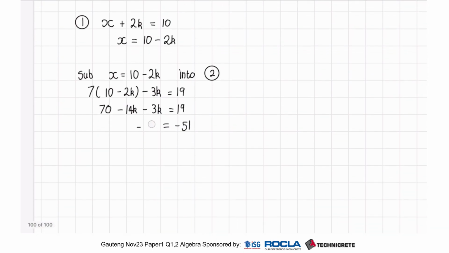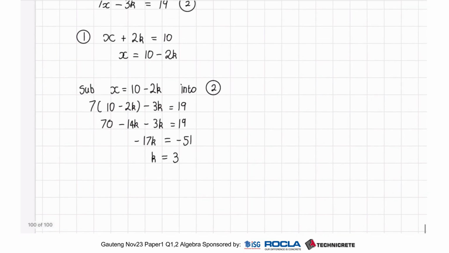Okay, which means that when I collect my k's on the left-hand side, I'm going to have minus 14 minus 3k, which is minus 17k. And then I just divide both sides by 17, and I get k equal to 3.